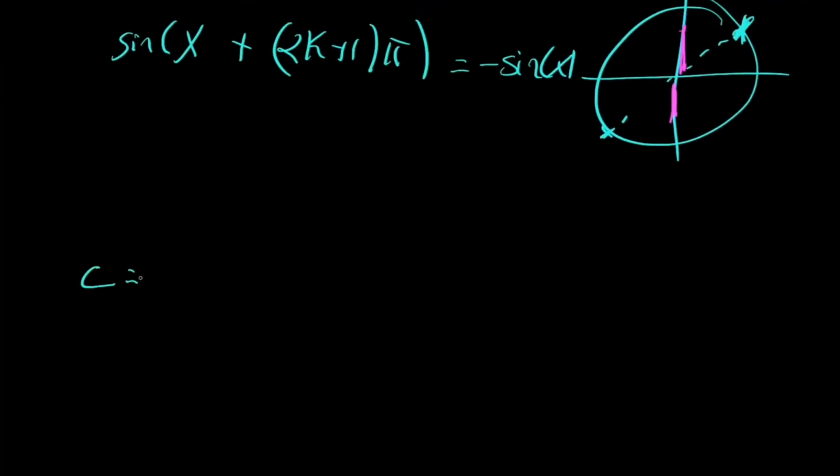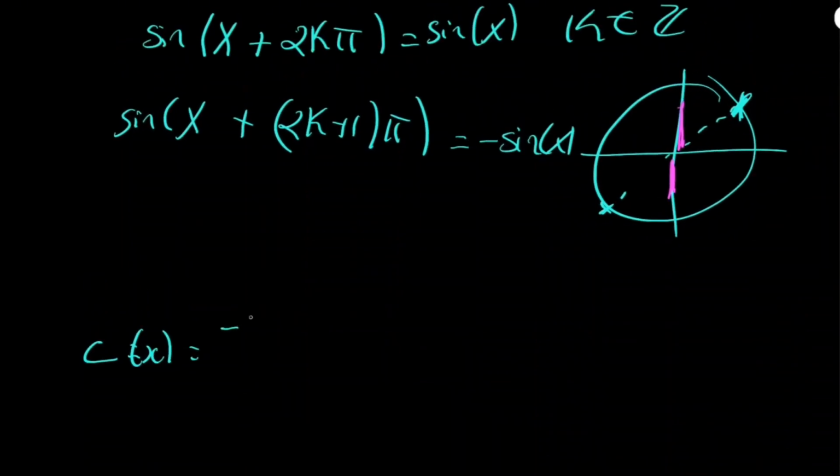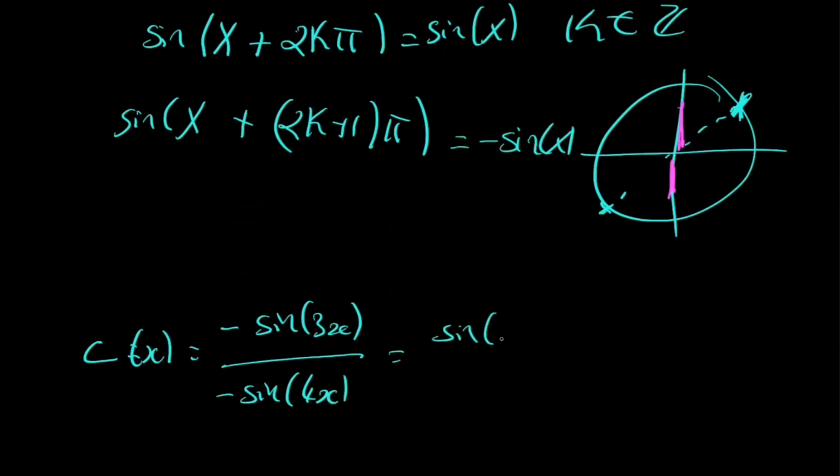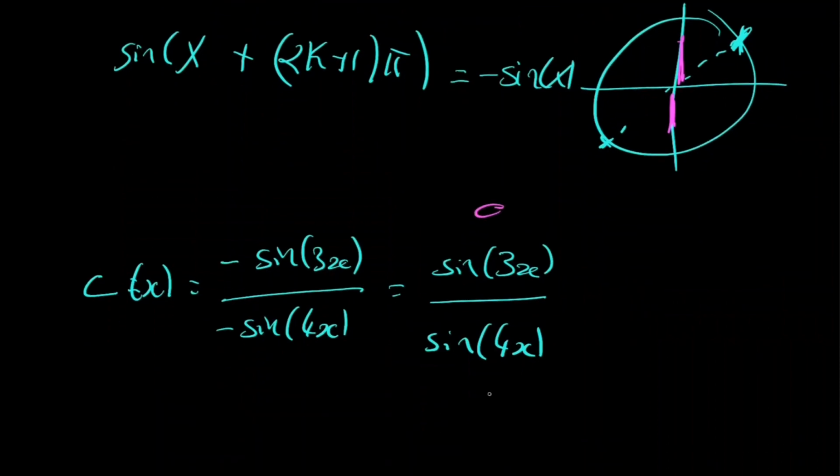So let's rewrite C. So C of x, the expression inside of the limit, is equal to minus sinus of 3x over minus sinus of 4x, which is equal to sinus of 3x over sinus of 4x. And what is the only limit we know about sinuses? Okay, so quotient of sinuses like that, which have the form of 0 over 0 when x tends to 0.